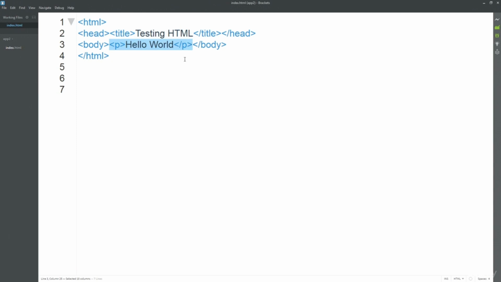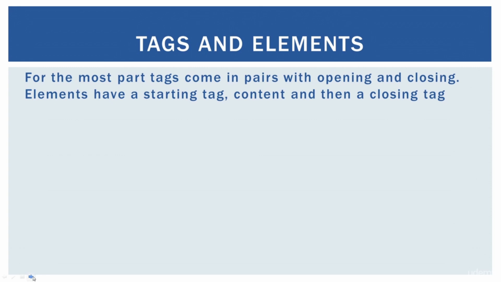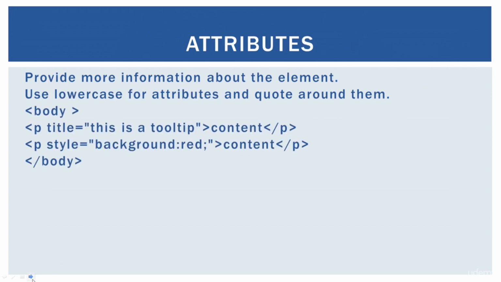So everything here that's contained within it, this is the entire element, and these are just the tags alone. So that's how to differentiate between tags and elements. When we've got all of that content between the starting and closing tag, including the tags, that's the element.